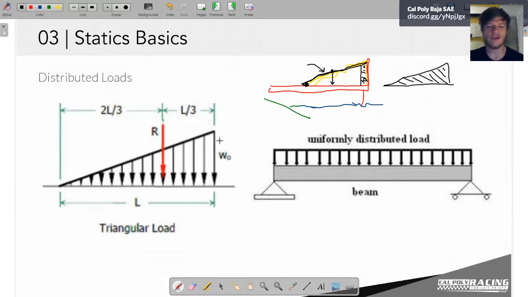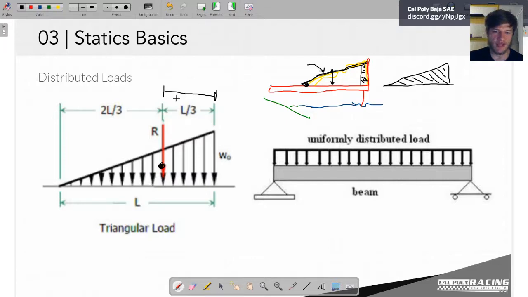The best way to think about that is you'll have some force whose magnitude is the area under your curve for your distributed load, located at the centroid of that area. A triangle's centroid is located 1/3 from the bottom of its longest leg.